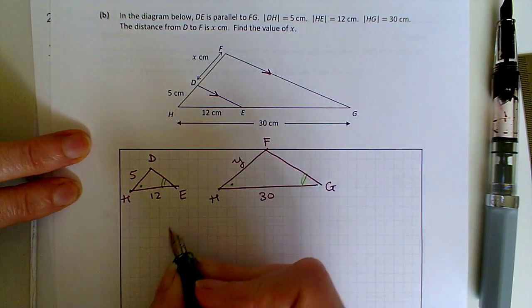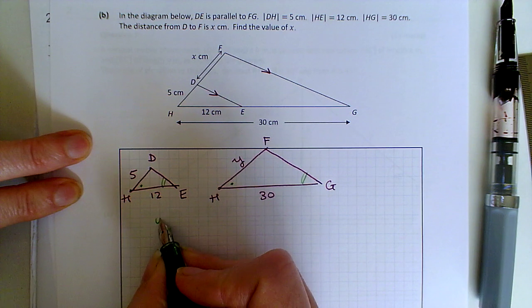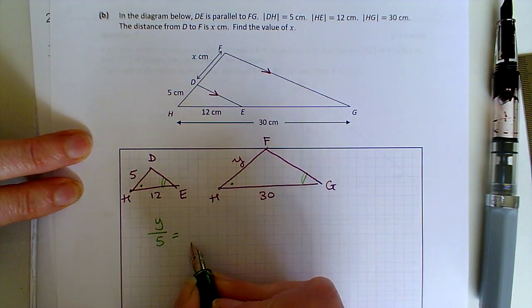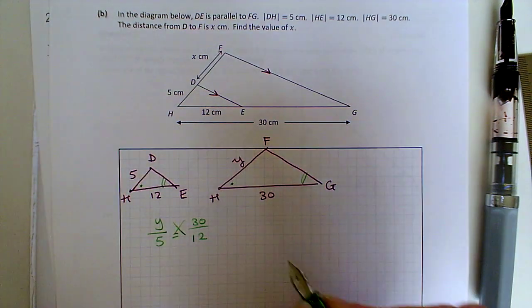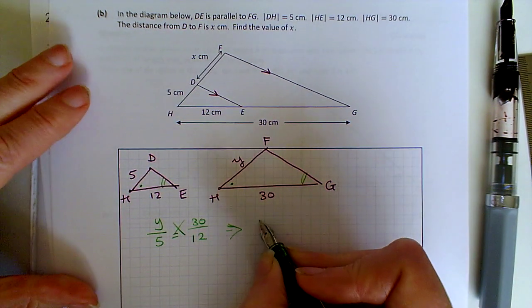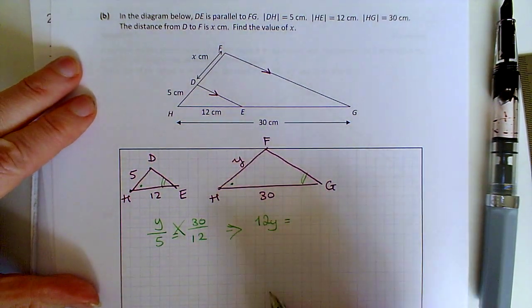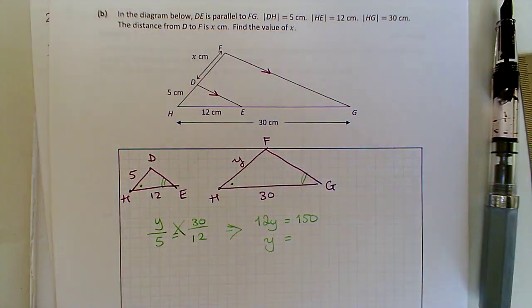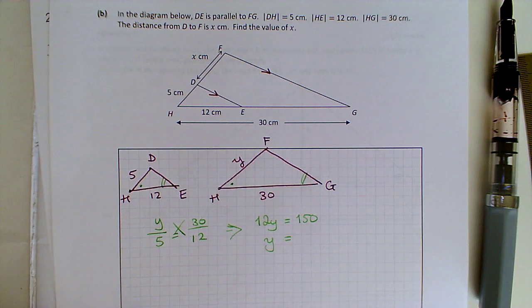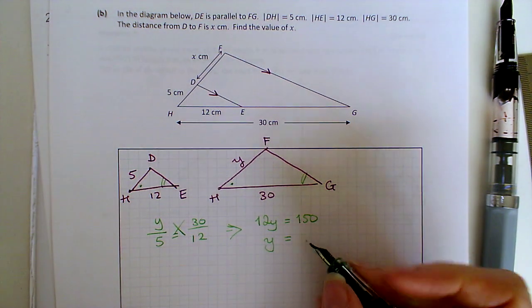And so we can say that y over 5 is equal to 30 over 12. Then cross multiply, and we get 12y is equal to 5 by 30, 150, and y is equal to 150 divided by 12, which is 12.5.